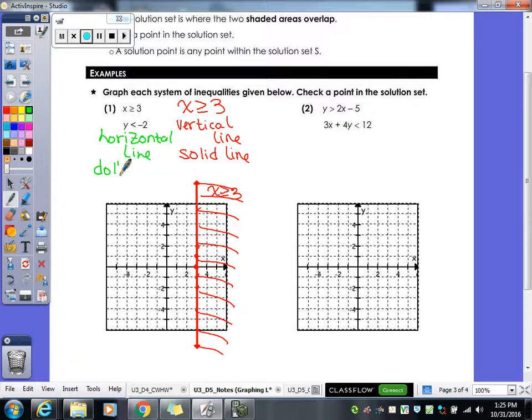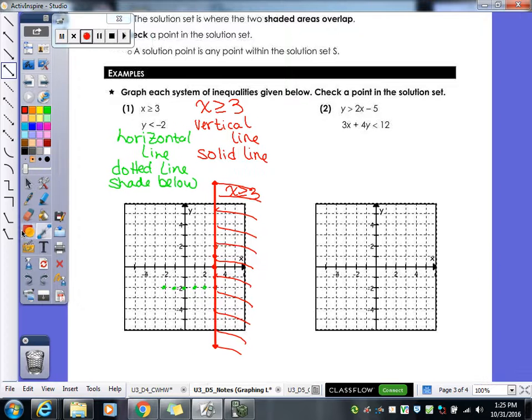Dotted, because it does not have the or equal to. And will we shade above or below the line? Below. So we're going to shade below. And that's my little list I make every single time I go to graph one of these so that I remember to do it correctly. So I'm going to go to where y is -2. Again, I'm going to put a couple of dots so that my line is nice and straight.